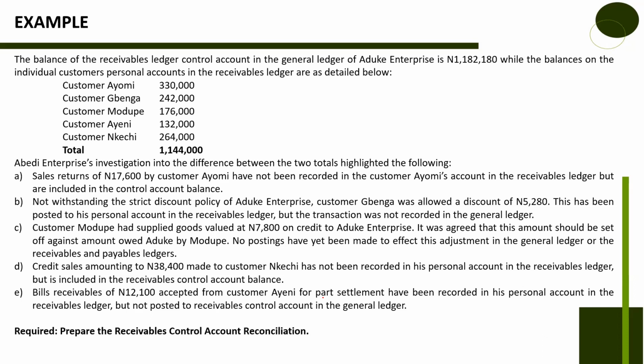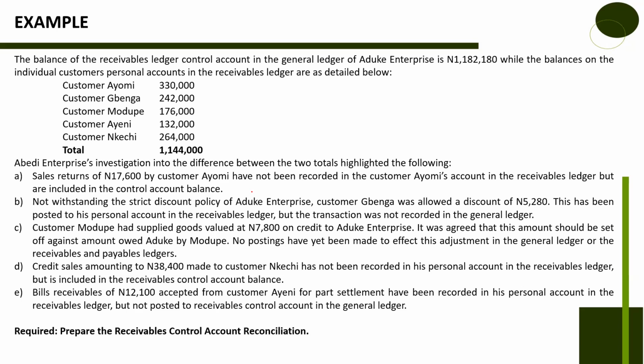The balance of receivable ledger account in the general ledger of Aduke Enterprise is 1,182,180, while the balances on the individual personal accounts in the receivable ledgers are detailed below. You can see the total. Aduke Enterprise's investigation into the difference between the two totals highlighted the following.